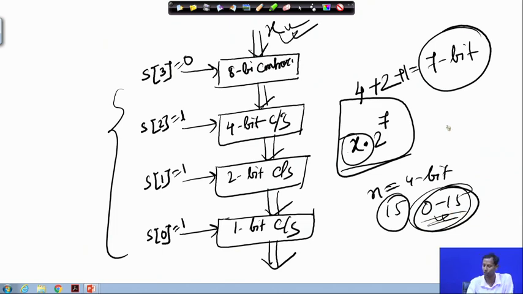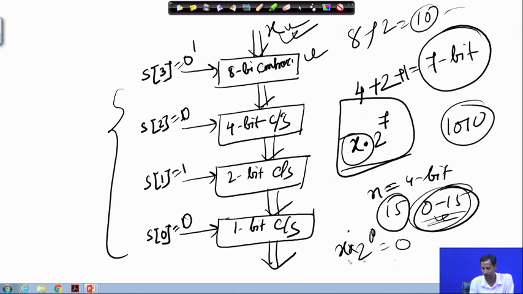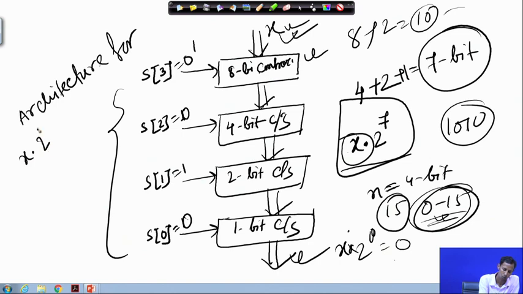If I want 10, at that time I have to select this as 0, here 1, 0. So, here it will be shifted by 8 and here by 2, that is 8 plus 2. So, total 10 bit shift means I will get x into 2 to the power 10 as the output. So, this is the architecture for x into 2 to the power n.